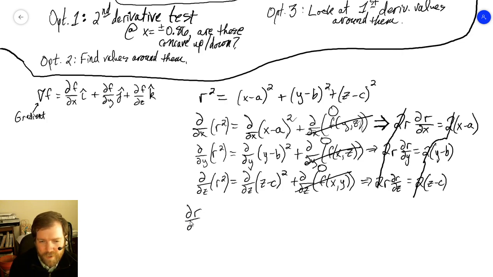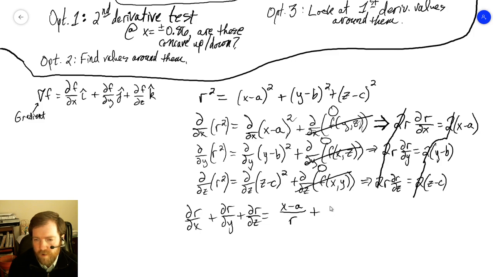It's like you were looking at dr dx plus dr dy plus dr dz, I think is what you said, which is going to be equal to x minus a over r plus y minus b over r plus z minus c over r.